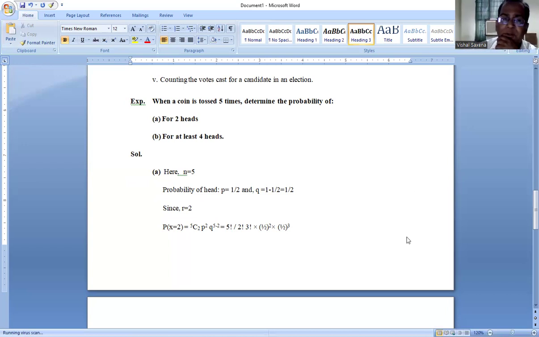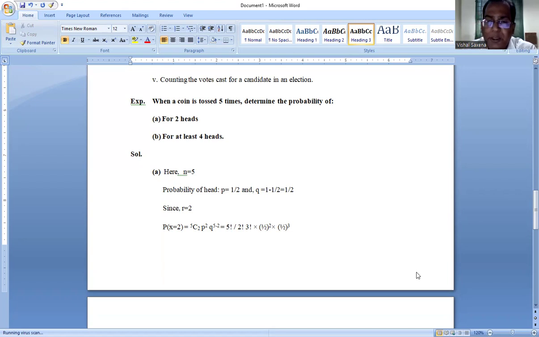In the case of the binomial distribution, the value of n is not very large. It should be a low value like 10, 5, 15, 12, 20. But in the case of the Poisson distribution, the value of n, the number of trials, must be sufficiently large.